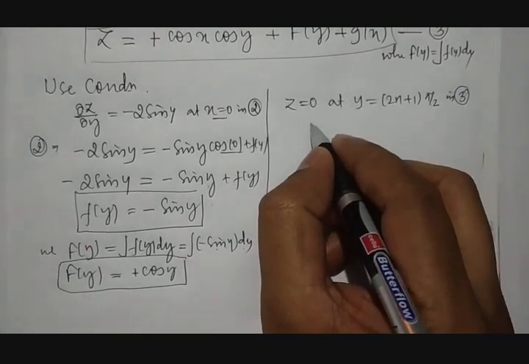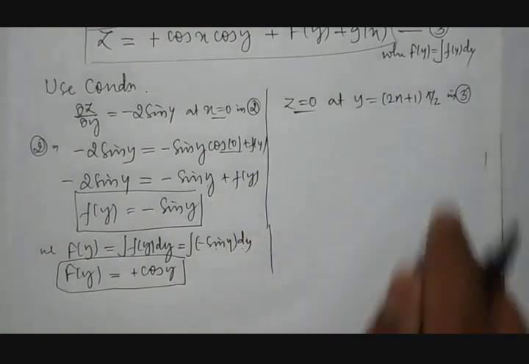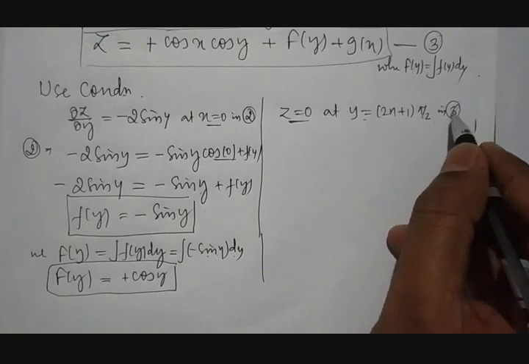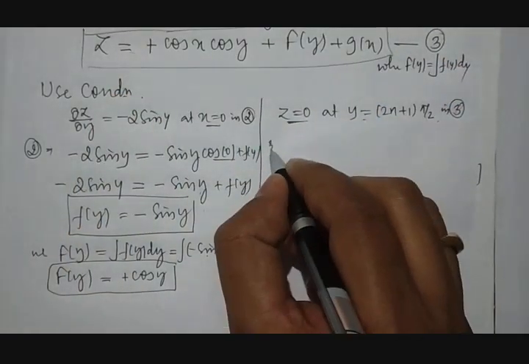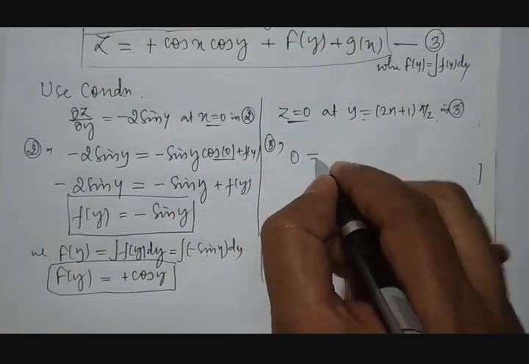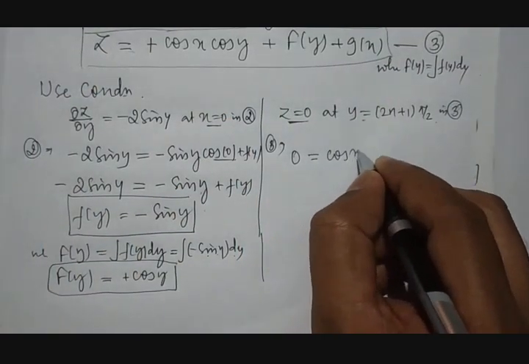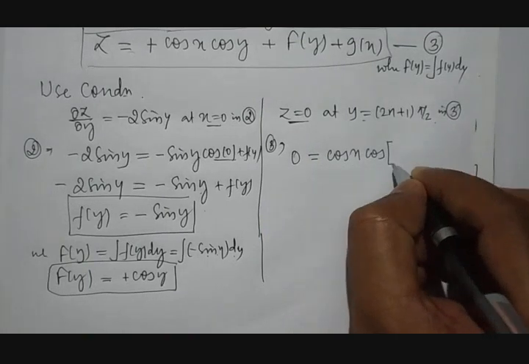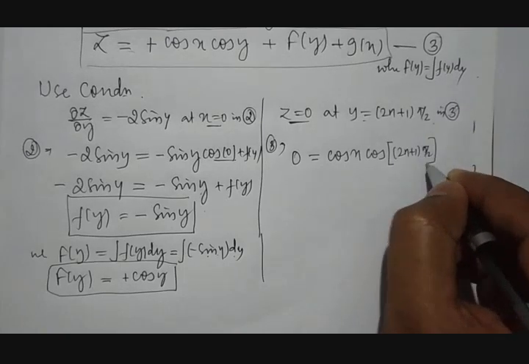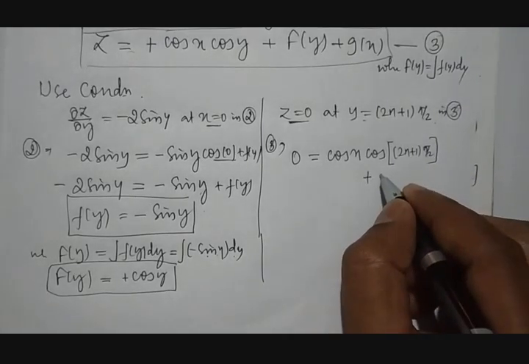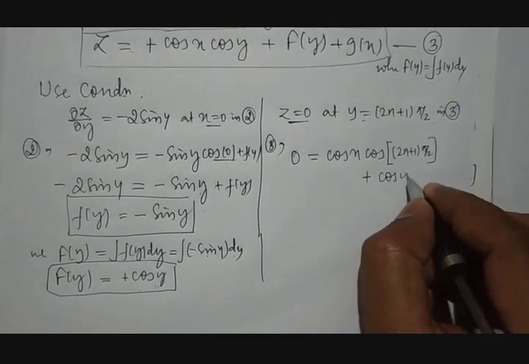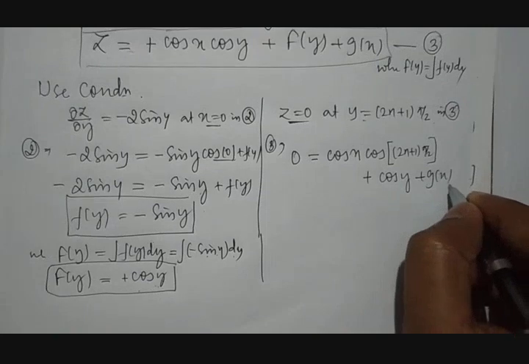Similarly, put the given condition z equal to 0 and y equal to odd multiple of pi by 2 in equation number 3. Therefore, equation number 3 becomes z equal to 0, which is equal to cos x into cos of, here we are going to substitute (2n plus 1) times pi by 2 plus capital F of y, but we know that capital F of y is already calculated, which is nothing but cos y, plus g of x.